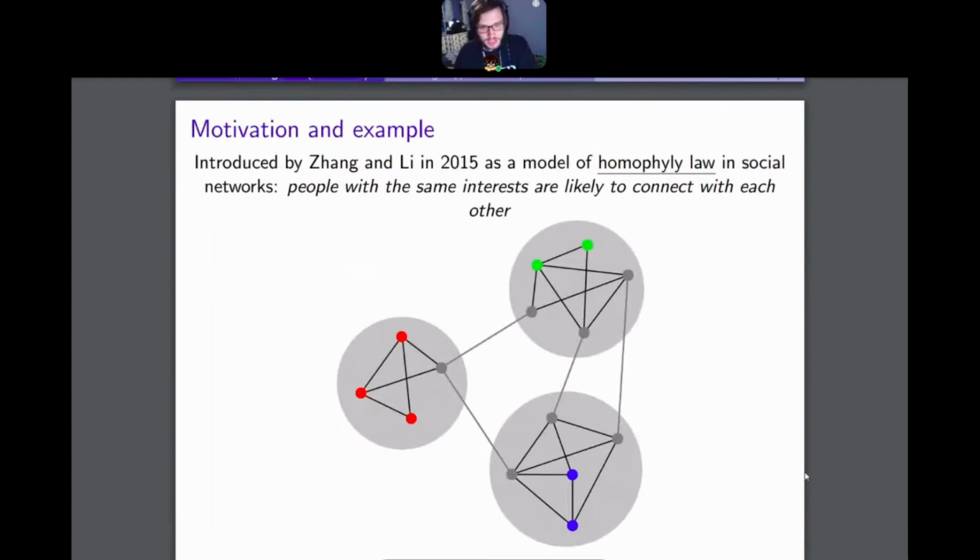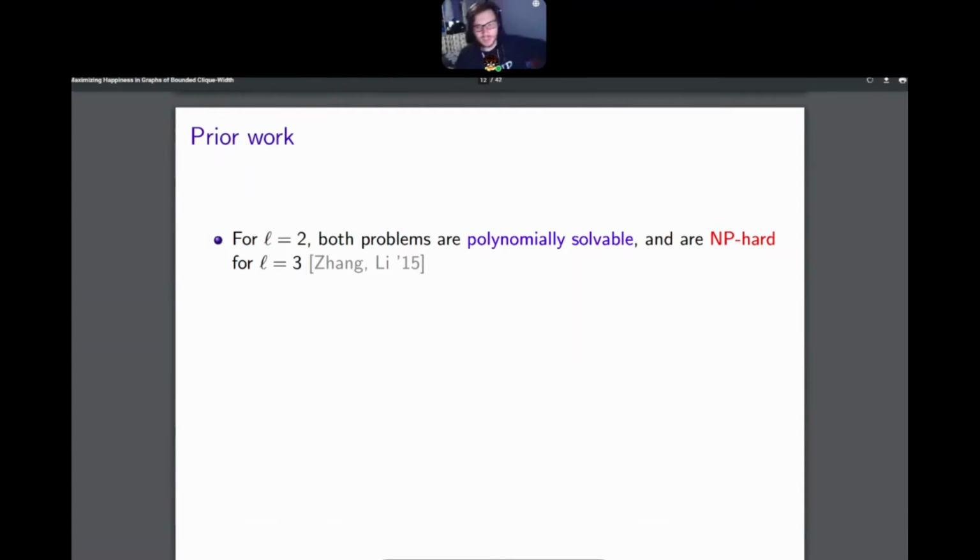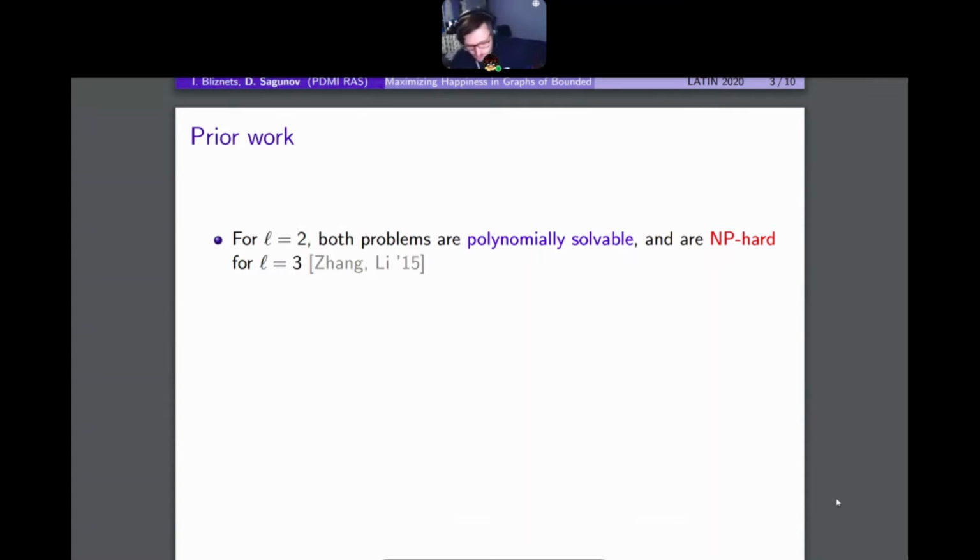Okay, and what do we know about these problems? What is the prior work? In the paper that introduced the problems, the authors proved that for two colors, both problems are polynomially solvable. For one color, it is really simple. For two colors, they gave two algorithms.